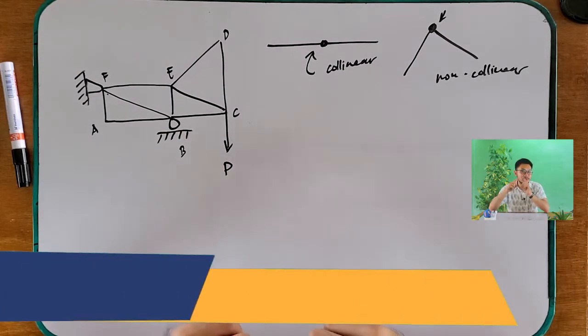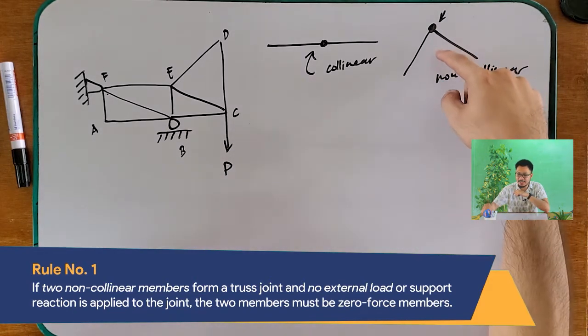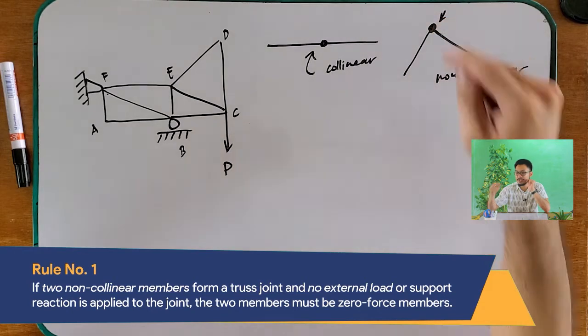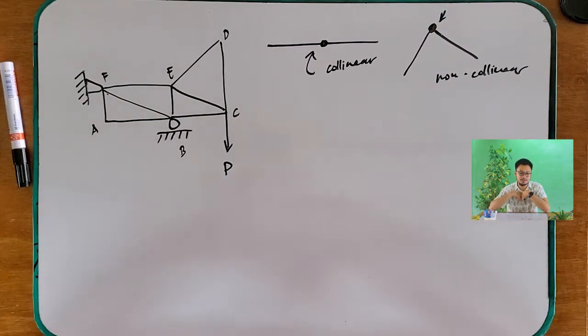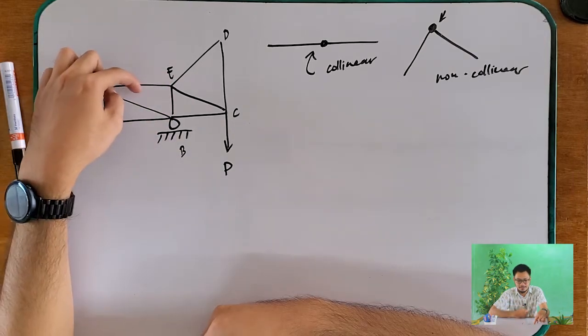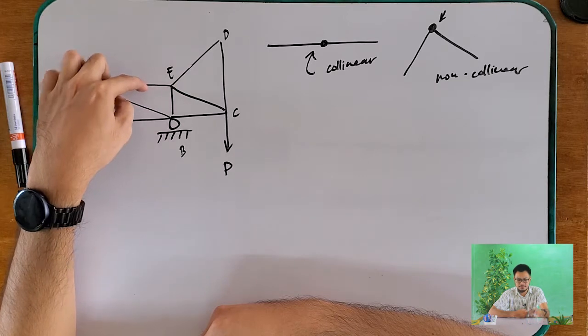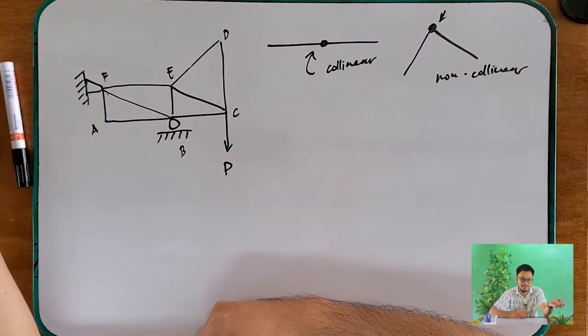Again, ang dapat i-consider, duha siya ka members, dili siya collinear, so dapat ingani ang iyang porma, and dapat sa joint anang ilang connection, dapat walay external loads. Is this a zero force member? So, kani nga joint, nabay zero force member ani nila? We don't know, kay wala, maglibog man ta sa factors dira.